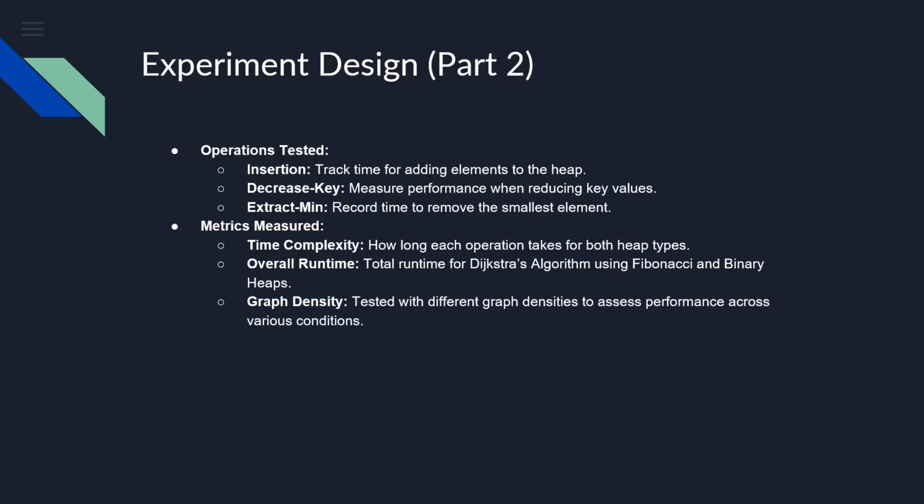In this, we measured the time taken for each of the three key operations stated above, like insertion, decrease key, and extract min, for both Fibonacci and binary heaps. The performance metrics focused on both time complexity and overall runtime of Dijkstra's algorithm across different graph densities.